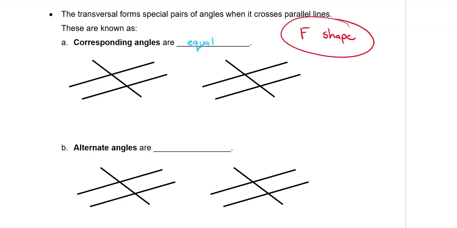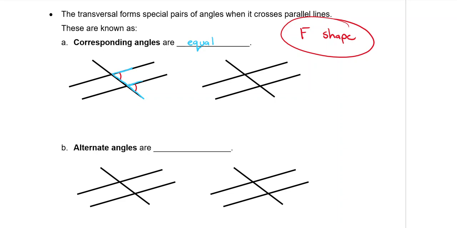For example, if I were to draw an angle in here and in here, the F shape is found by tracing around the arms and the vertex of those angles. So if I trace around the first angle and I trace around the second angle, you can see the F shape that is in there. Those angles that I've drawn the little red arcs on, they will be equal.